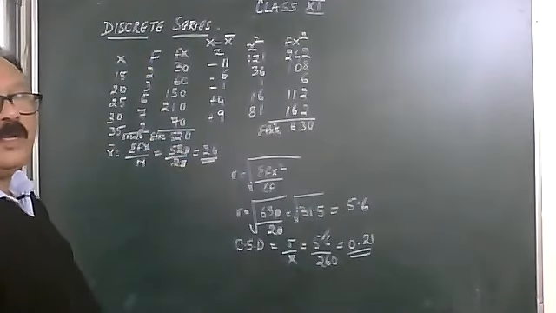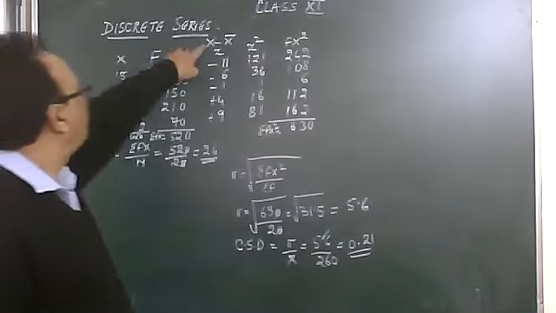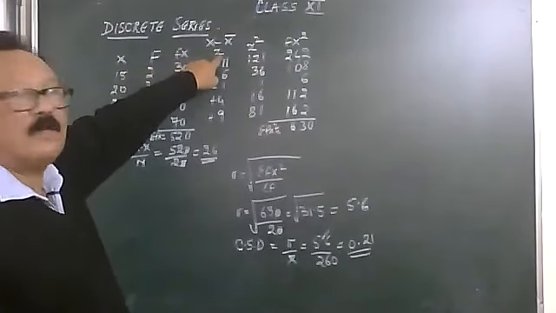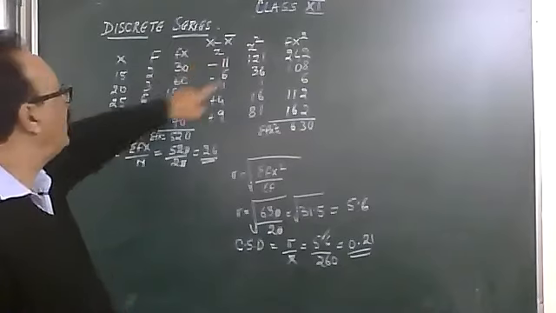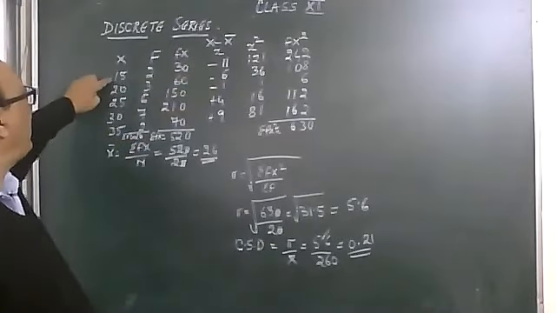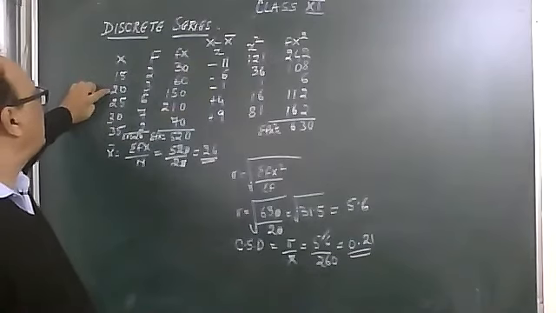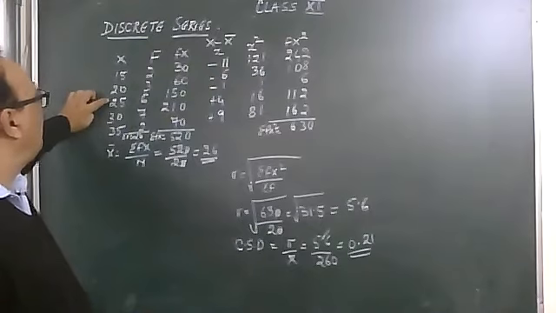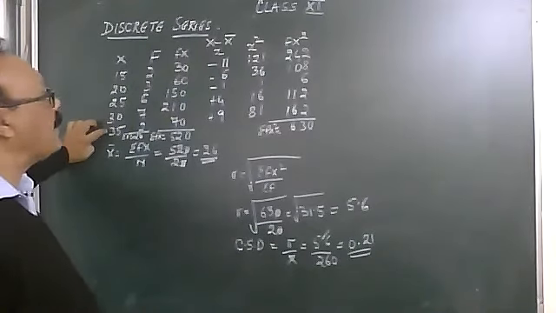Now, with the mean as 26, find the deviations from x. So x minus the mean, and we call this column small x. 15 minus 26 is minus 11, 20 minus 26 is minus 6, minus 1, plus 4, plus 9.